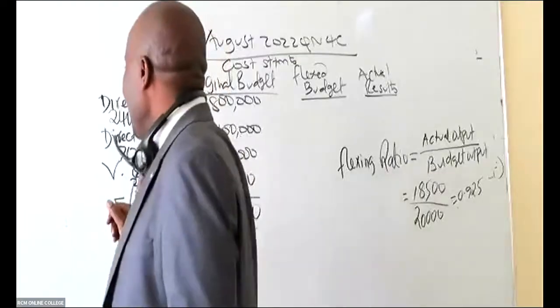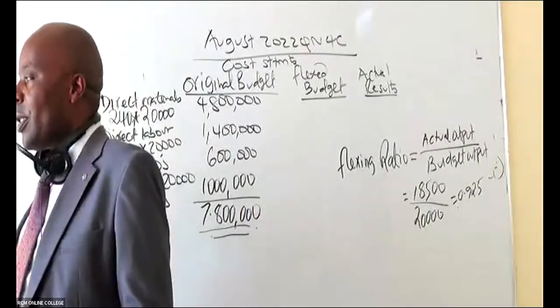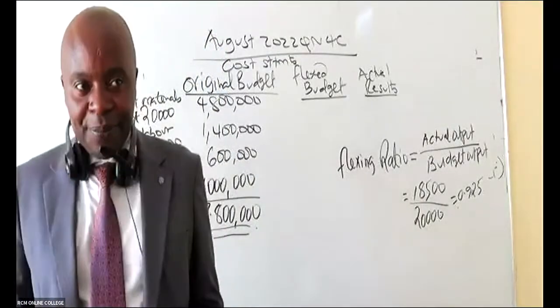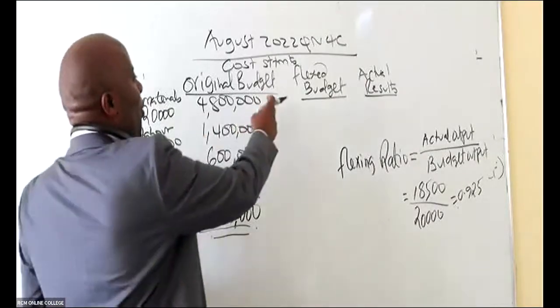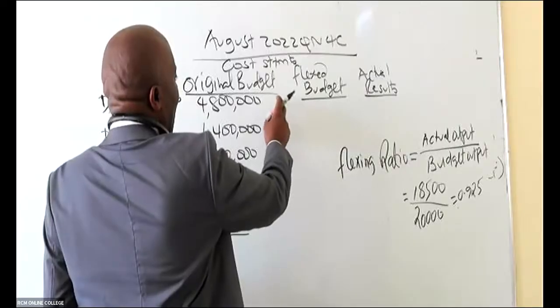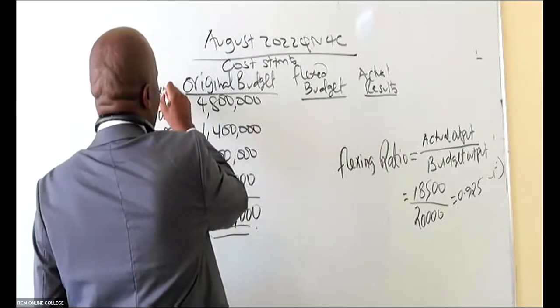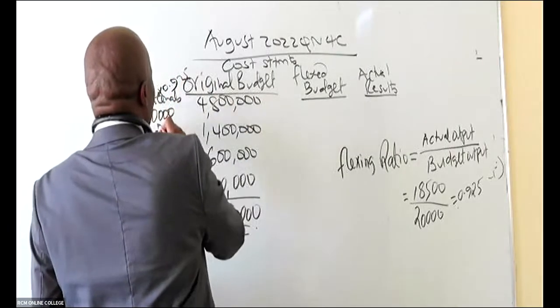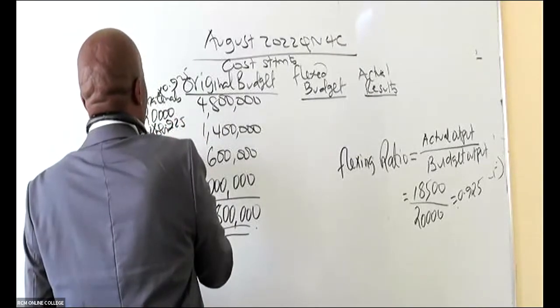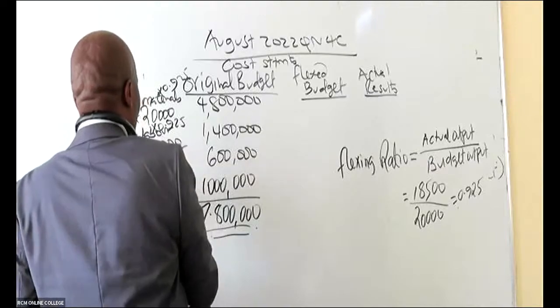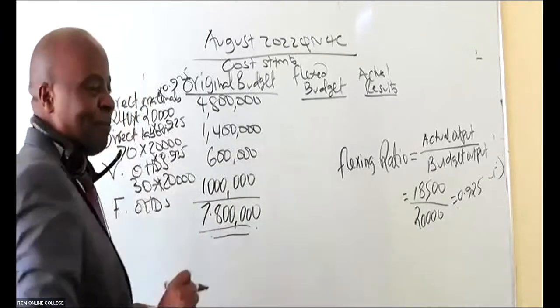So anything dynamic, like direct material, what do you think of direct materials? That is dynamic. It keeps on increasing as the output increases. So for me to get this flexed budget, I will take this times 0.925. Direct labor the same, times 0.925. Variable overhead the same, times 0.925. Fixed overheads, we shall not flex them.